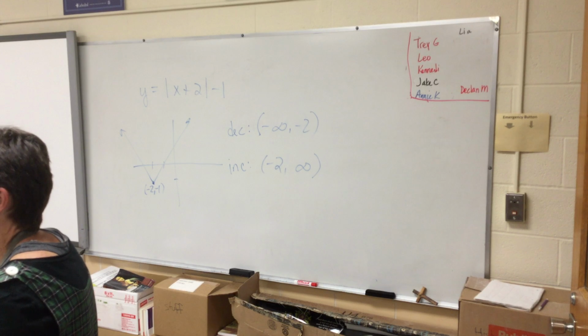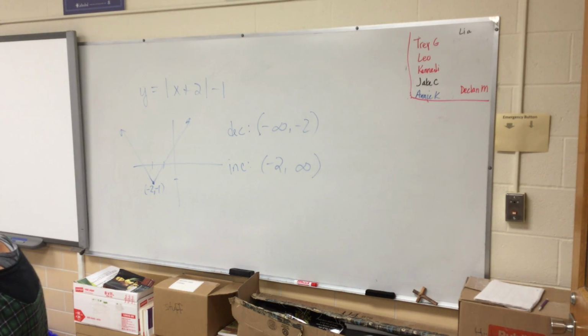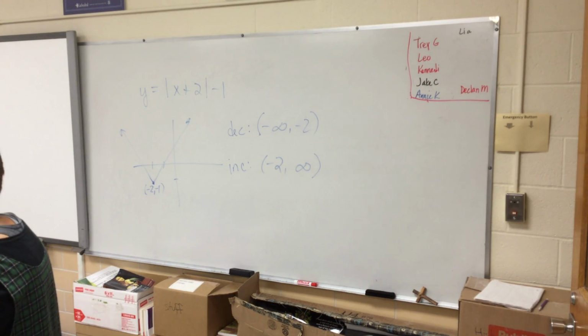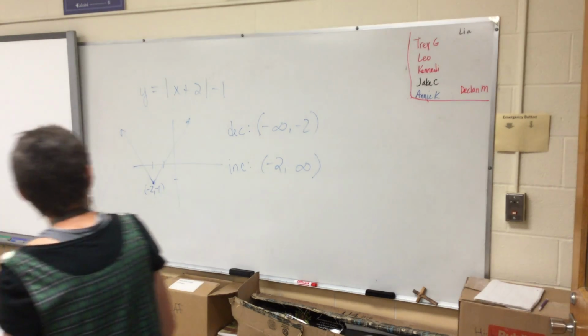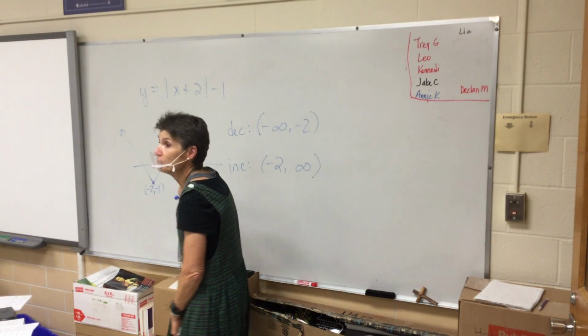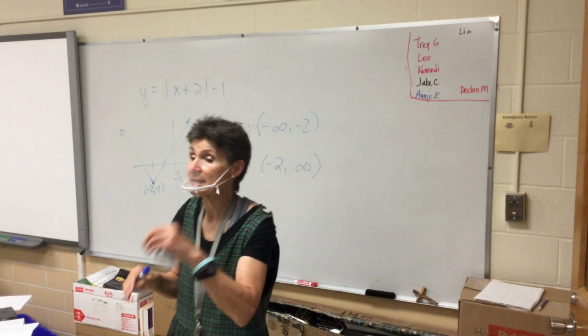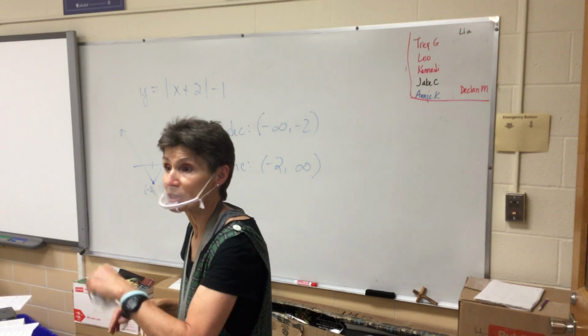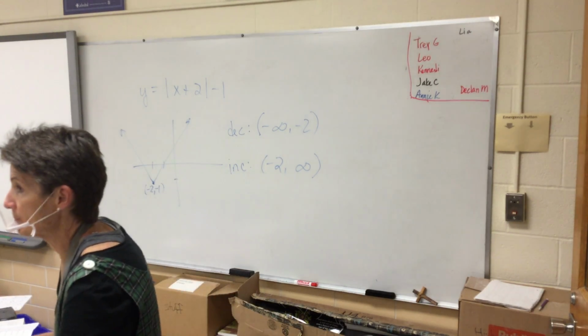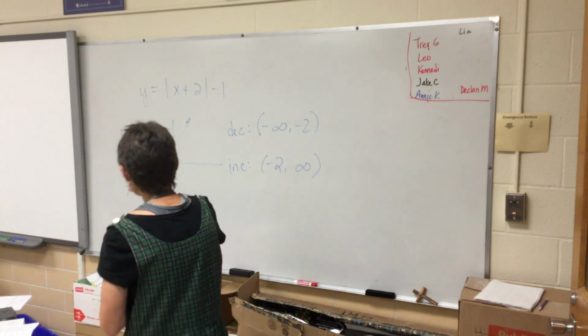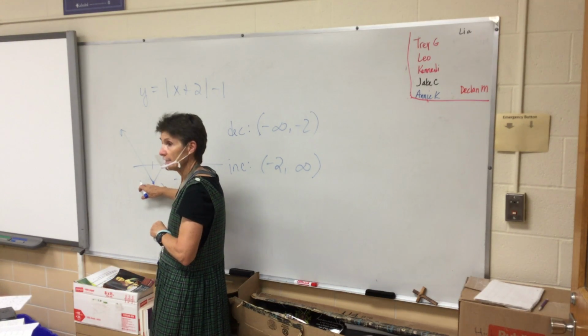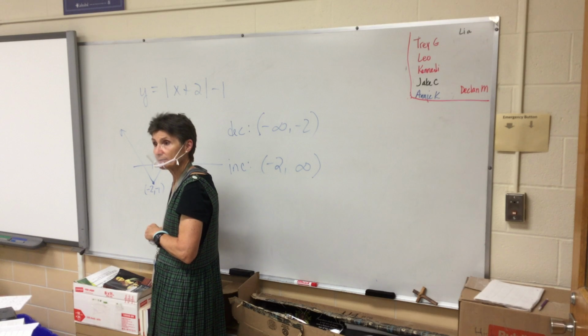And bounded, or just the word bounded, means it has both. Now, does this picture have a floor? In other words, is there a point beyond which it does not go down anymore? Isn't this the floor? It doesn't get any lower than that, does it?